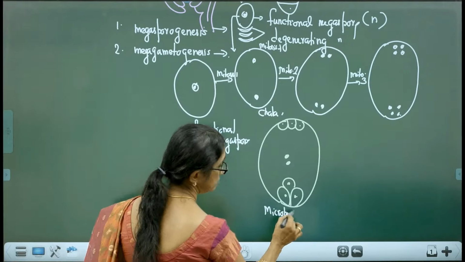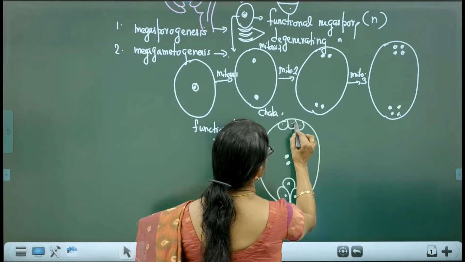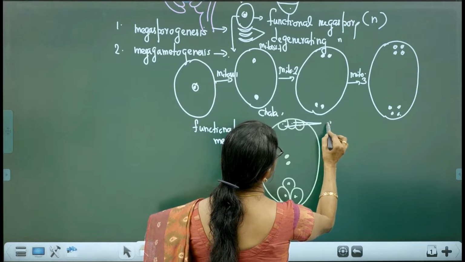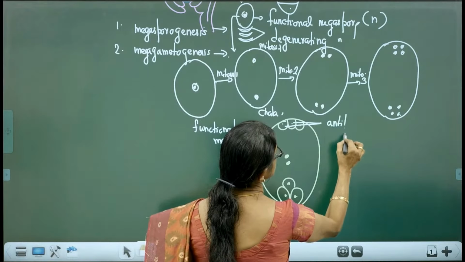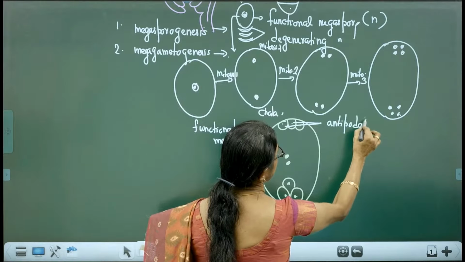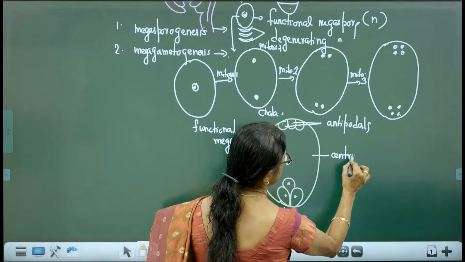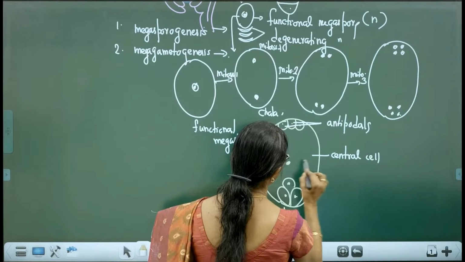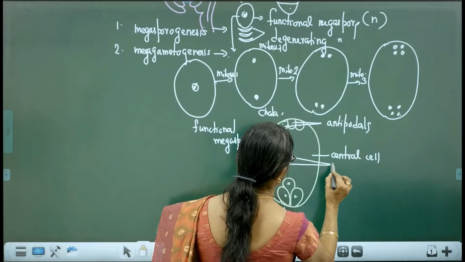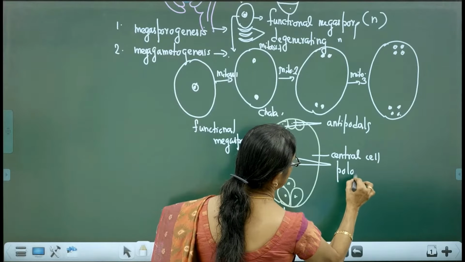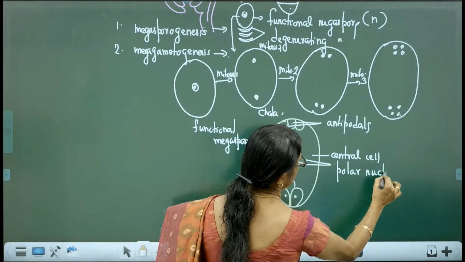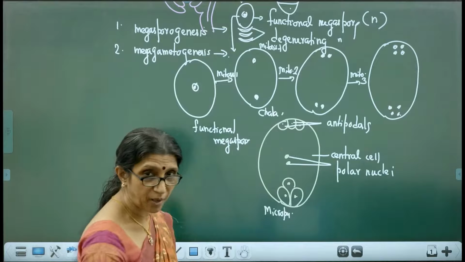These 3 cells on the chalazal side are known as antipodals. The large cell is the central cell, and these are the 2 polar nuclei.